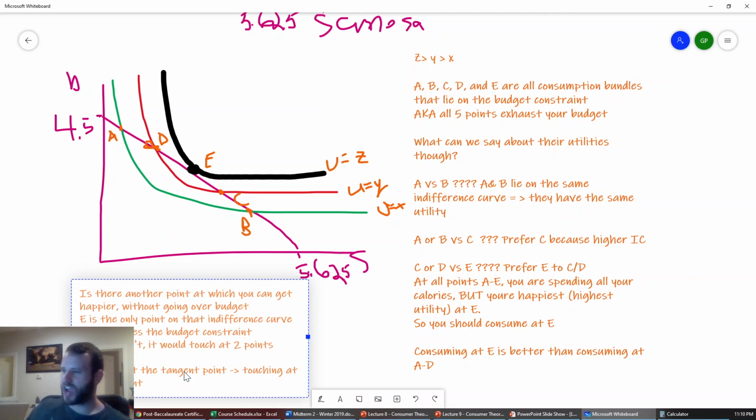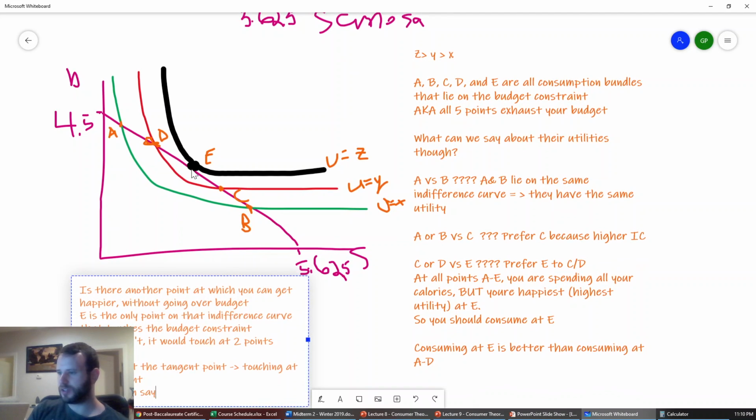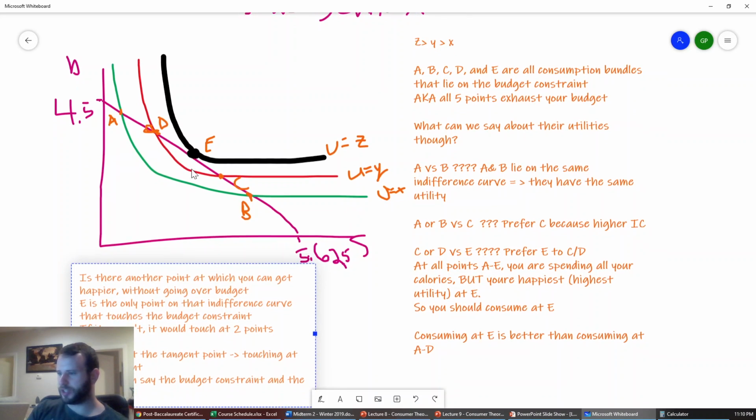So a tangent line from E would be the budget constraint. You can say the budget constraint and the black utility curve are tangent to each other.